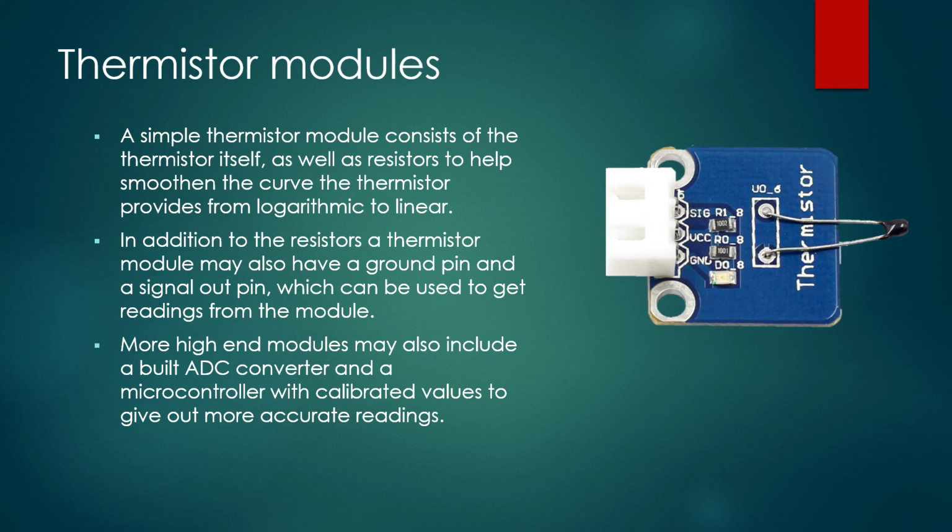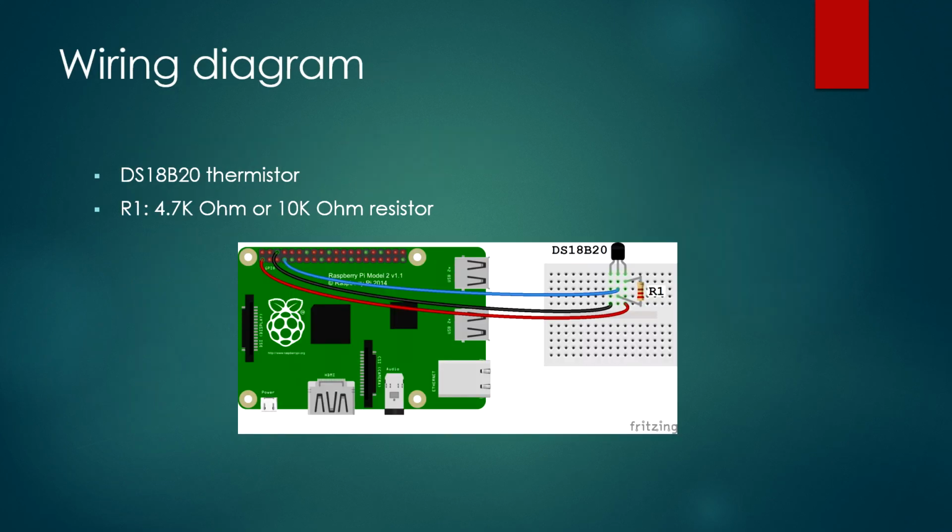In addition to the resistors, a thermistor module may also have a ground pin and a signal out pin, which can be used to get readings from the module to the Raspberry Pi, Arduino, or other device. More high-end modules may also include a built-in analog-to-digital converter and a microcontroller which calibrates the values so it has more accurate readings.